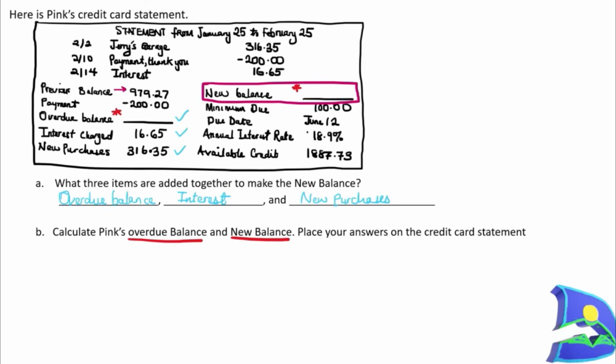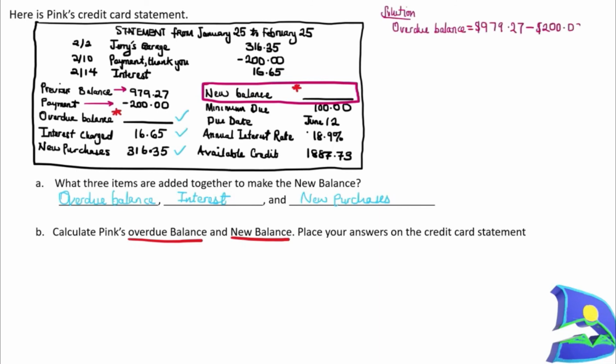So if you are owing the credit card $979.27, and you pay $200, what is used in the credit card is that you have to subtract $200 from the previous balance.